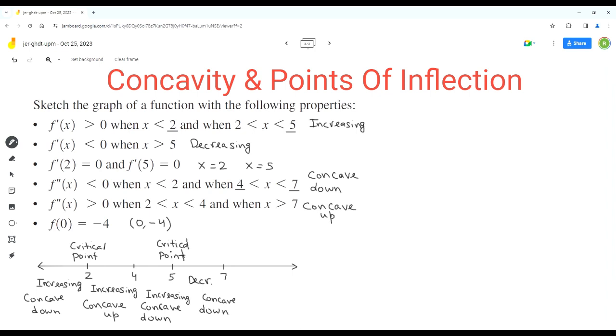Now to the right side of 7, the function is decreasing, and it is concave up.